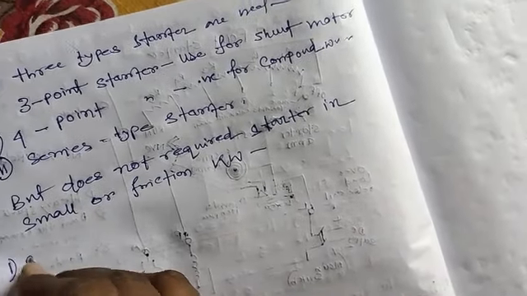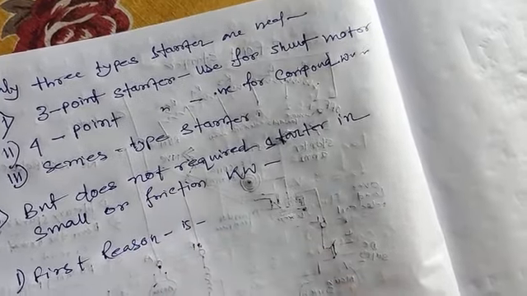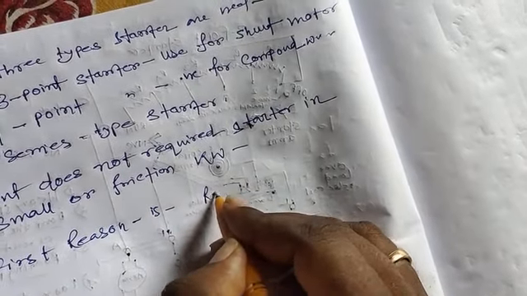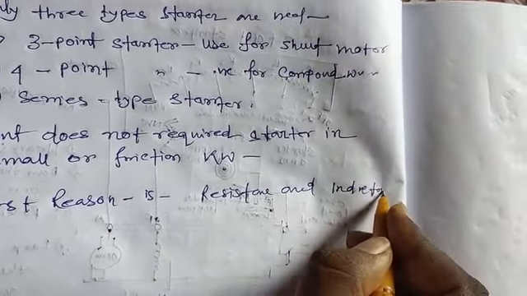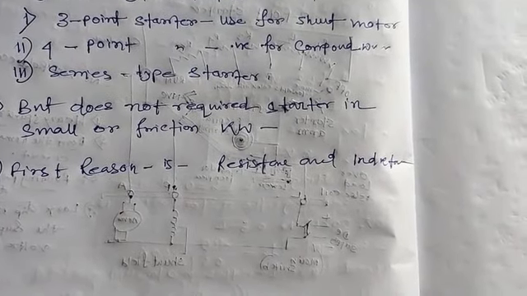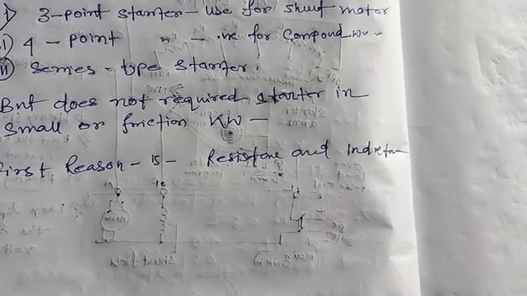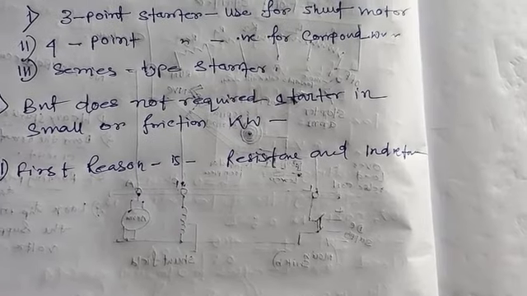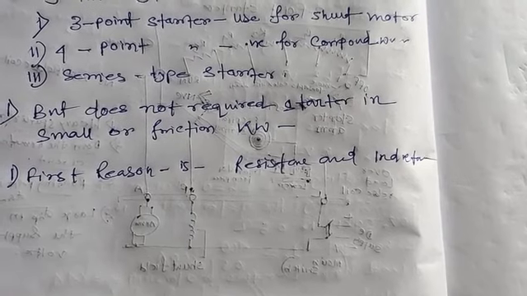The first reason is the resistance and inductance of the armature. The resistance and inductance limit the armature current, so there is no burn out or flashover in the armature even though the starting current is high.